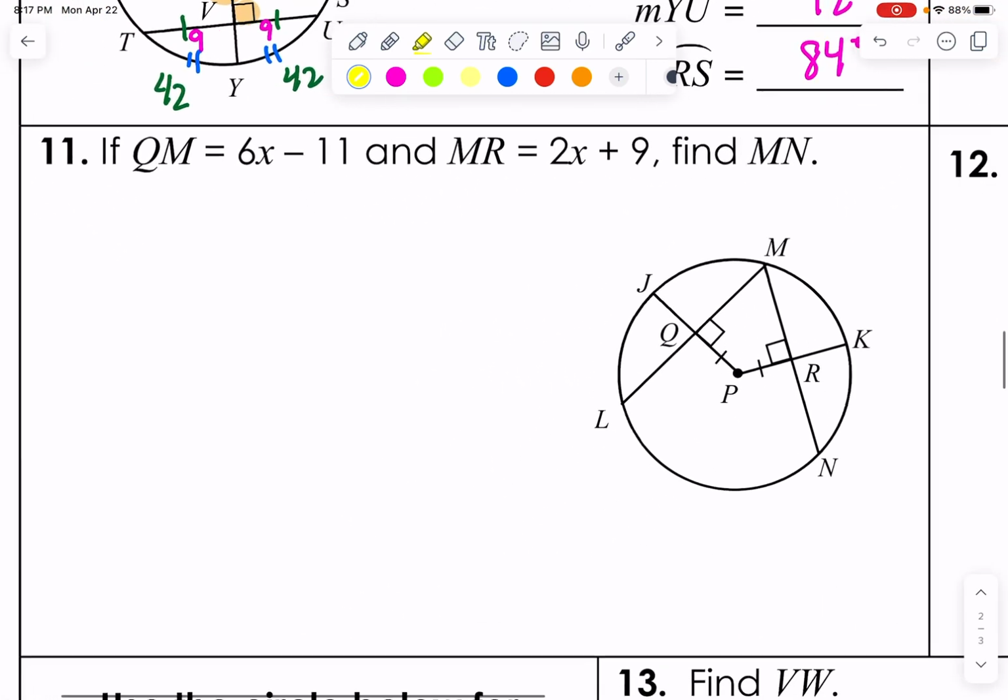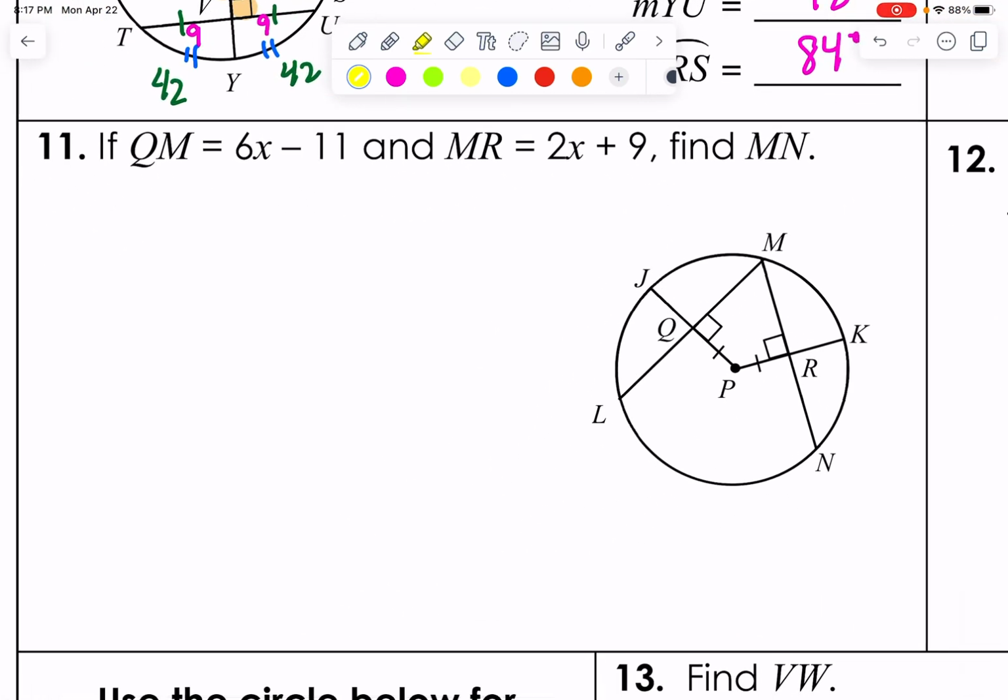Now let's look at number 11. So we're talking about QM and MR. Again, because these are equal distance and perpendicular, all these pieces are the same. So that means that QM equals MR. So we're going to say that 6x minus 11 equals 2x plus 9.